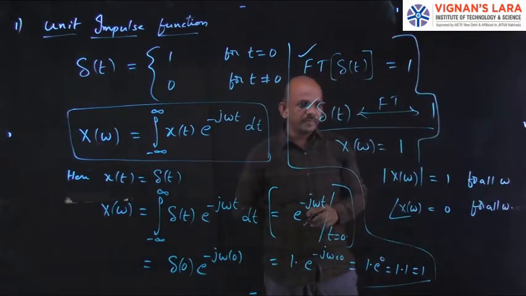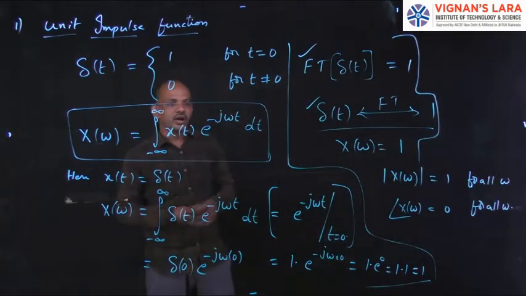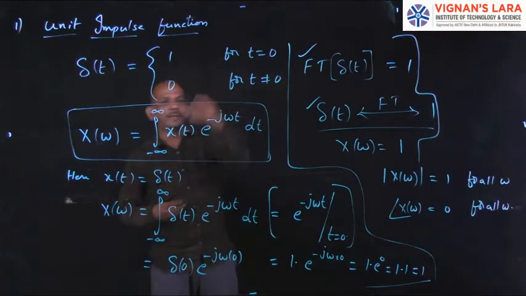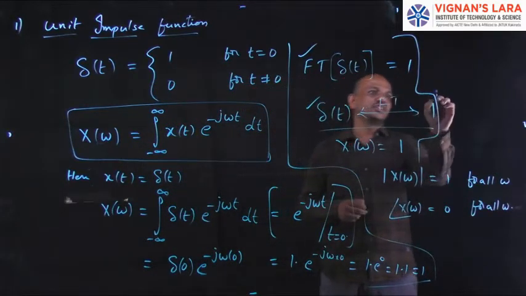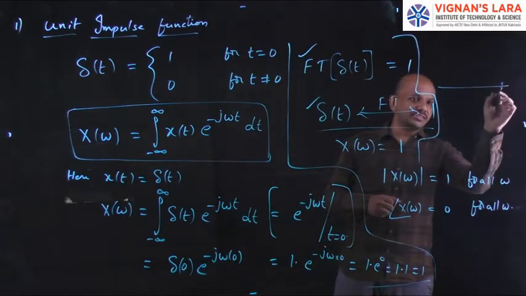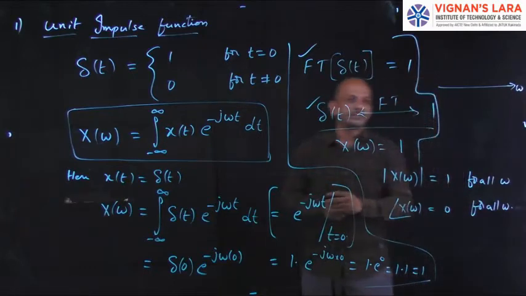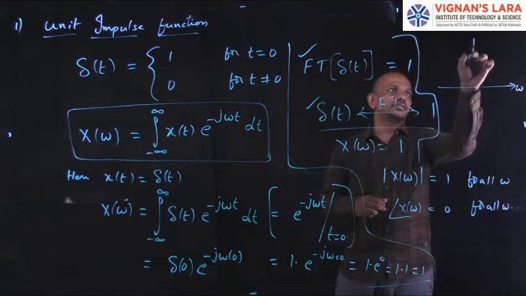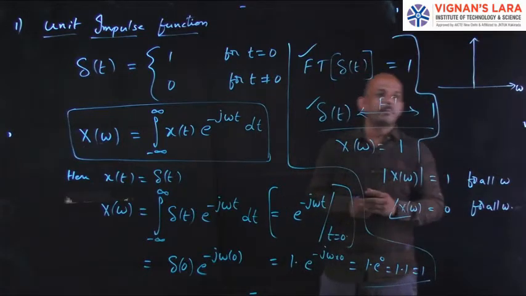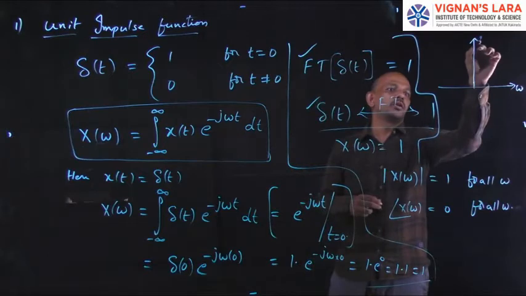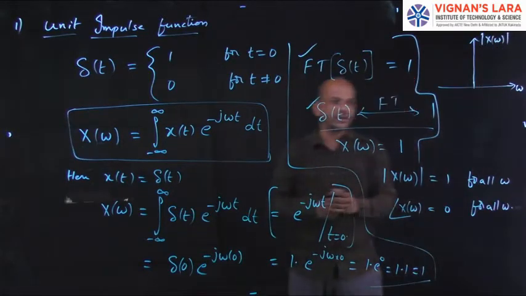First I will draw the magnitude spectrum. So magnitude spectrum is nothing but a plot of frequency omega versus magnitude. So see here, on x-axis I have to consider the value omega. On y-axis I have to consider the magnitude of that value, that is mod of x of omega.